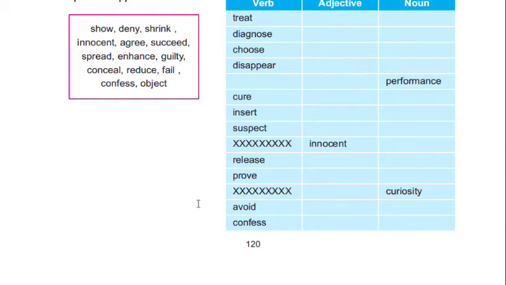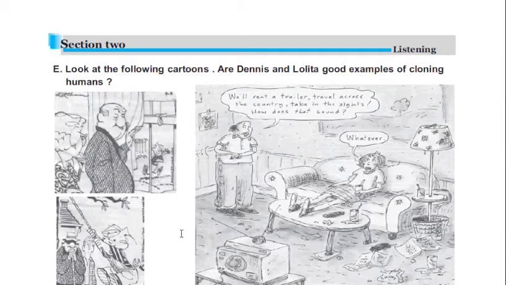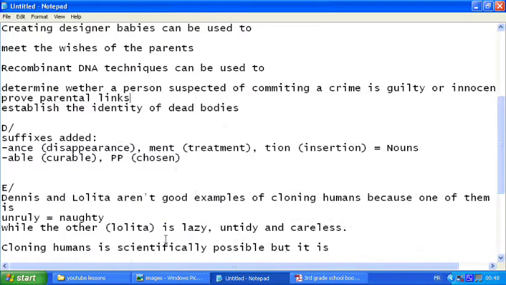So as we said, we're going to see how we did that. We added some suffixes: ance, as in disappearance; ment, as in treatment; and ion, or tion, which is found in many nouns.